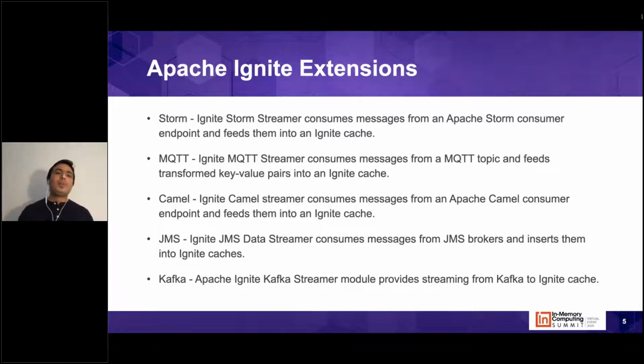We have MQTT integration, which helps us to read data from the MQTT streamer instances and then store it as a key value pair into an Ignite cache. And then we have the JMS data streamer, which can help us to consume messages from a JMS broker and store them into an Ignite cache. And the Kafka streamer is something that I'll be showing in the demo. It also has very similar use cases.